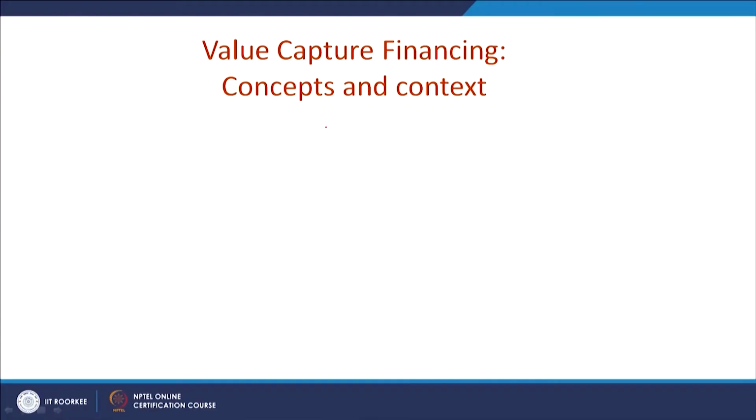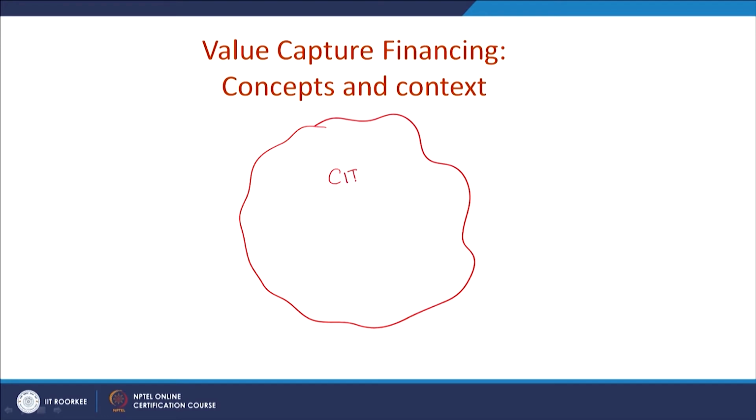Now, please see this diagram. If this is a conceptual diagram of a city, and if this is the city center, you know that if this is the CBD and if I try to plot the distance and land value, the graph will be something like that.